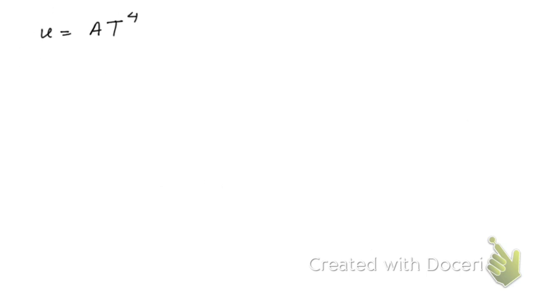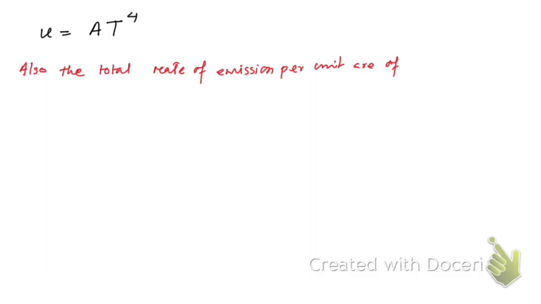Here you see, also the total rate of emission per unit area of a black body is E, which is directly proportional to U.